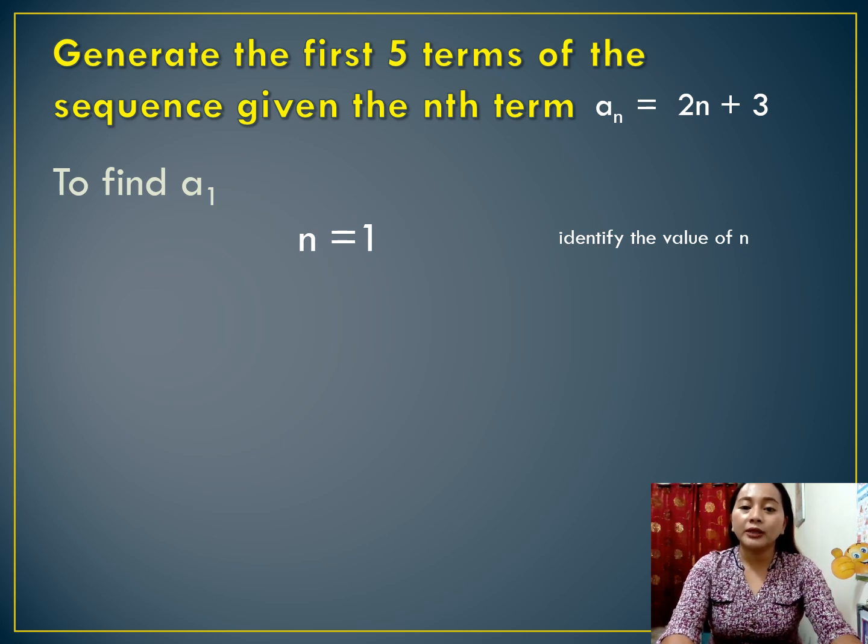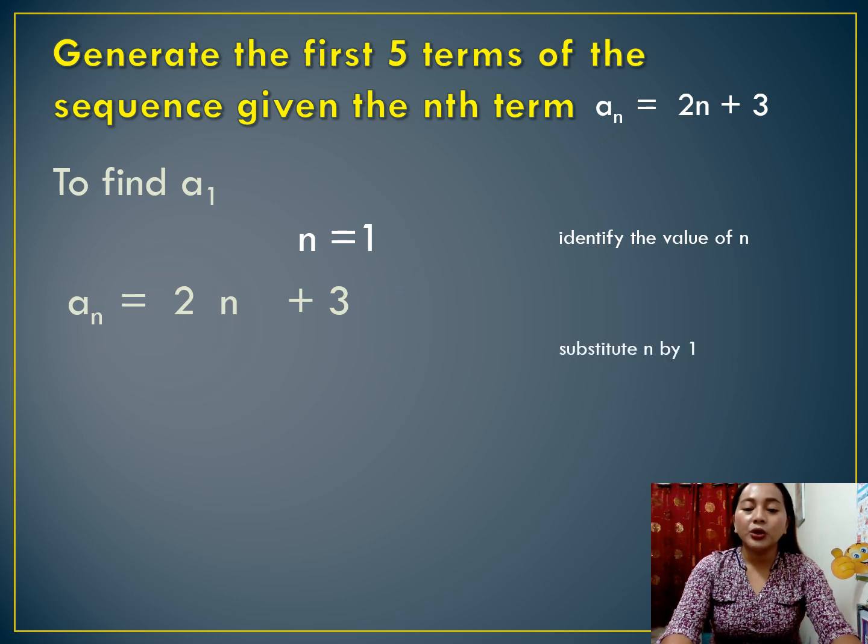Now refer to the given sequence. A sub n is equal to 2n plus 3. Next is, you are going to substitute n by 1, meaning you are going to replace variable n by 1. Why? Because n is equal to 1. So that becomes A sub 1 is equal to 2 multiplied by 1 added by 3.